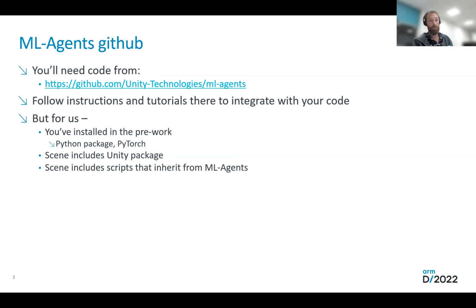There are lots of good instructions and tutorials to help you integrate that with your code. But for us, you've done this already. You've installed the Python package and PyTorch in the pre-work. The scene already includes the Unity package, so you've already got that as well. And the scene, in fact, includes scripts that are either directly from the ML Agents repository or inherit from it. We've adapted them further. So you've already got that all done, so we can just skip straight over that.